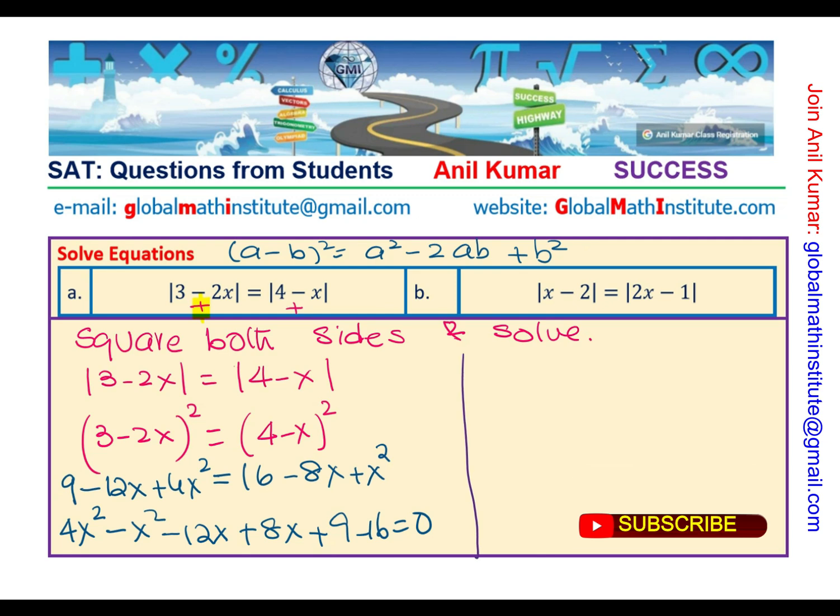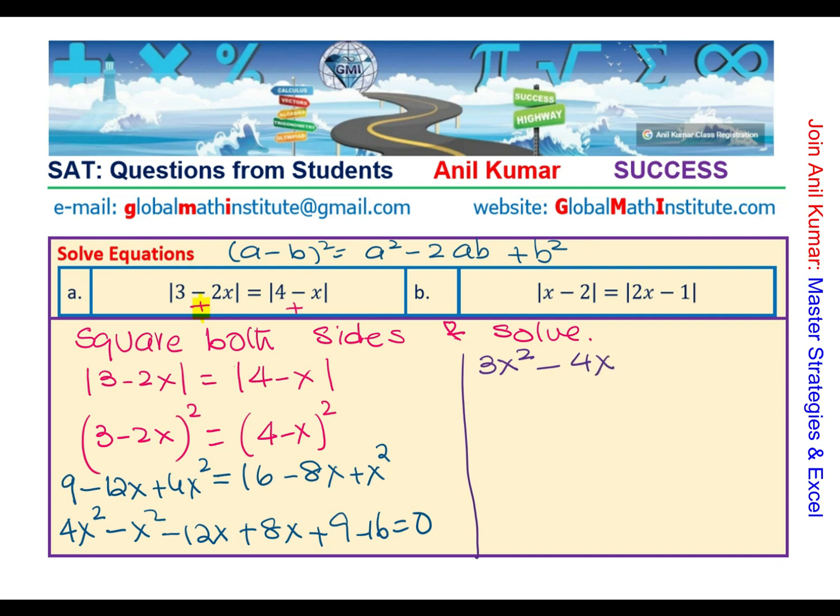Let's take it to the other side and solve. We got 4x square minus x square, which is 3x square, minus 12x plus 8x gives me minus 4x, and 9 minus 16 gives me minus 7, right? Now we are looking for two numbers whose product is minus 21 to factor it, and the sum is minus 4.